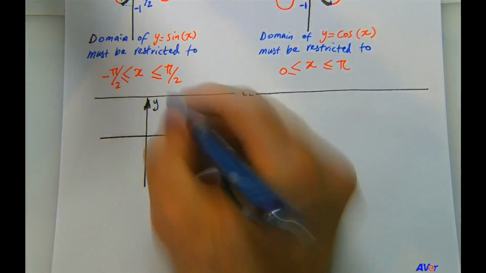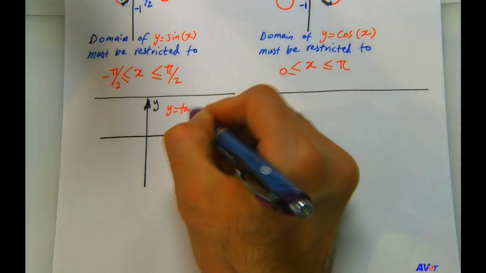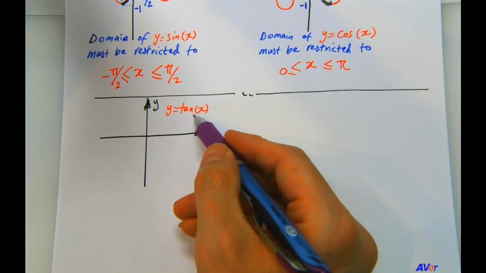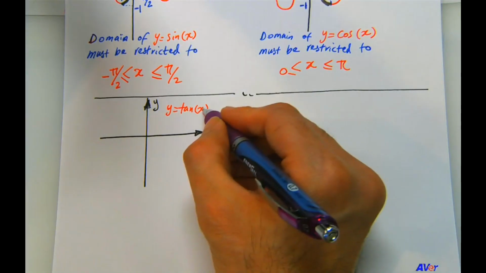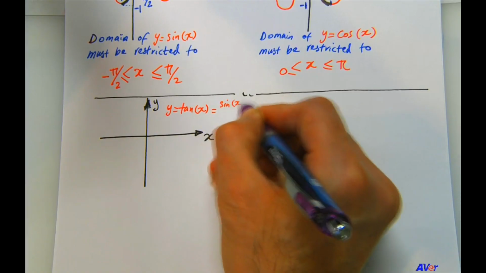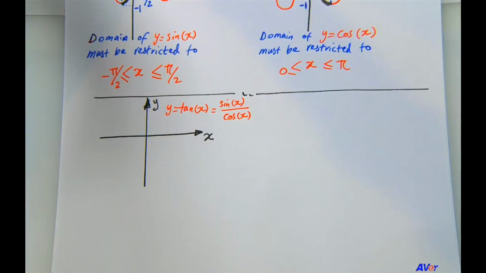First of all, recall, as I asked you, to please connect these functions to other trigonometric functions. So tangent of x is equal to sine of x over cosine of x, right? Remember that?